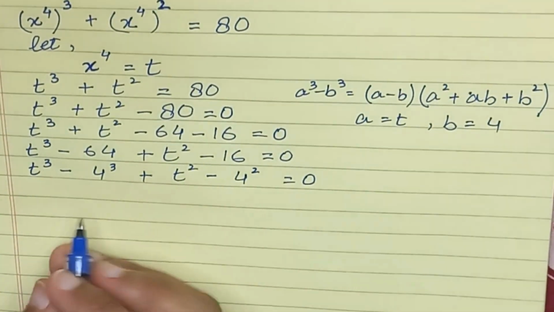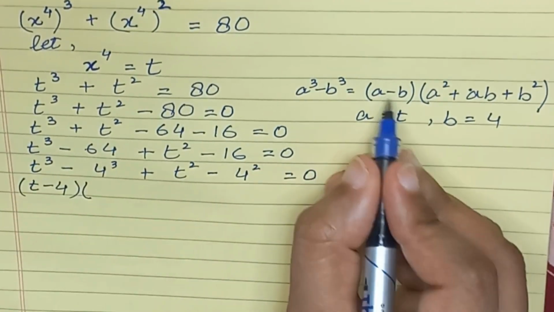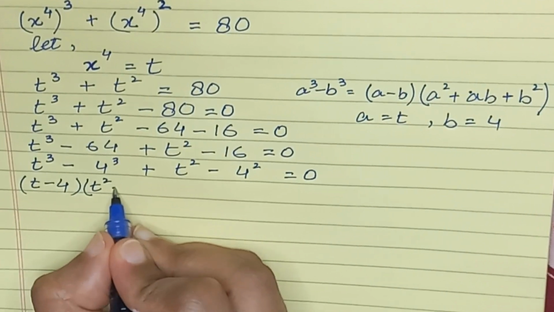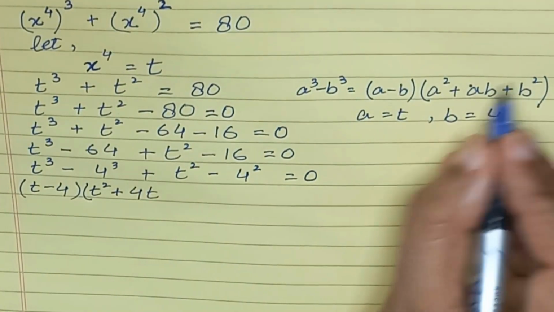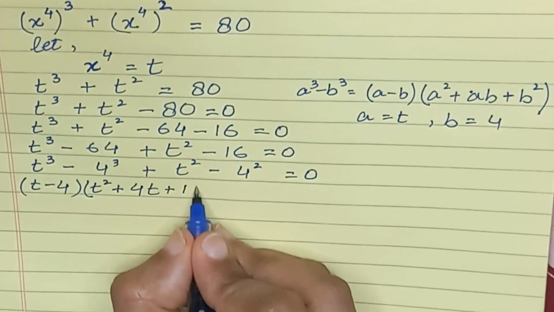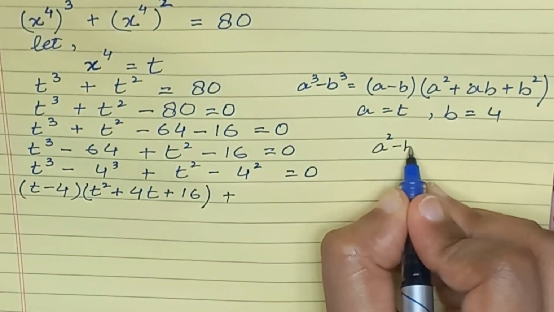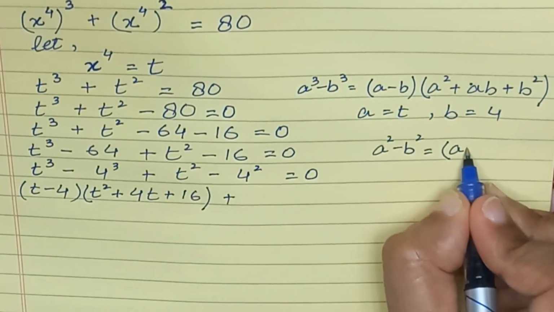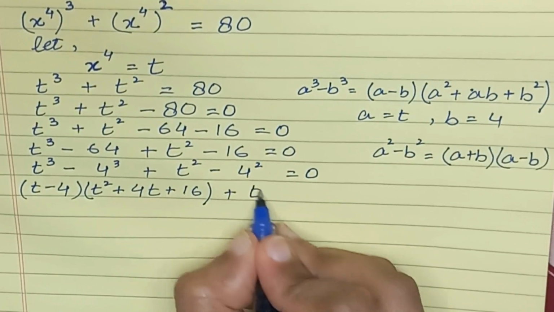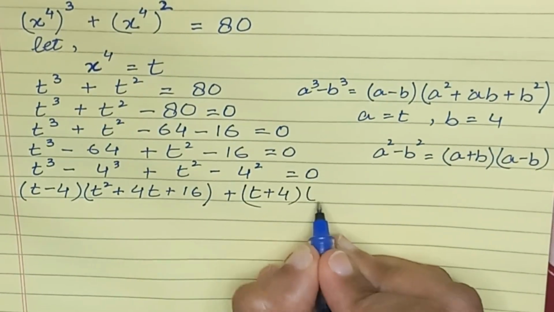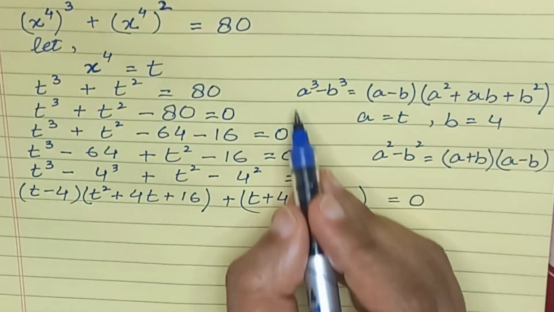So it will become t minus 4 into t square plus 4t plus 16. And here it is the form of a square minus b square, which is a plus b, a minus b. So it will become t plus 4, t minus 4, and this whole equation is equal to 0.